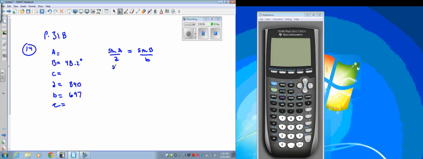So if we solve this, it's going to be this way. We're going to ultimately do the sine inverse of this thing, right?